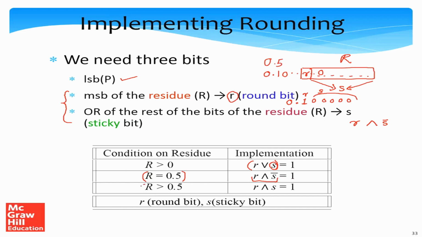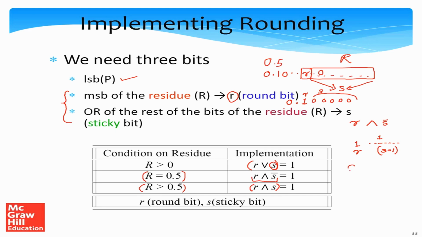The last condition is the residue greater than 0.5. This happens when R is 1 and at least one of the rest of the bits is 1, so the OR evaluates to 1 and the S bit is 1. Both R and S need to be 1 for the residue to be greater than 0.5. Why?